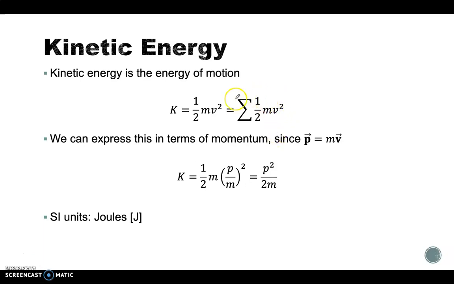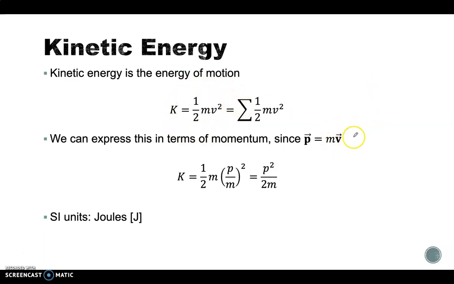Okay, so this is our kinetic energy, and we can express this in terms of momentum as well. Remember that momentum is equal to mass times velocity. So we can use this form here and substitute it into our kinetic energy equation up here.